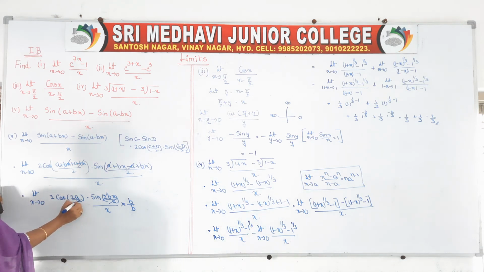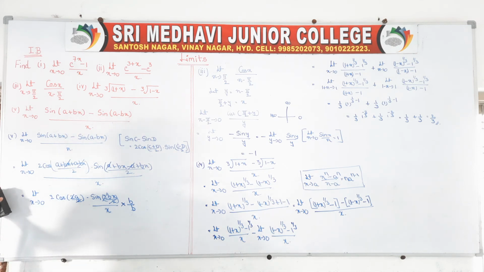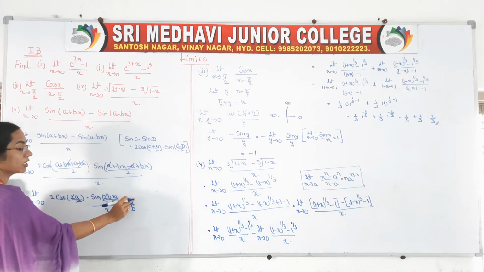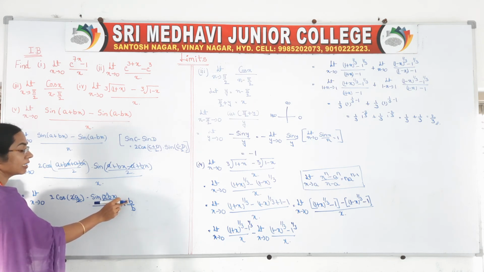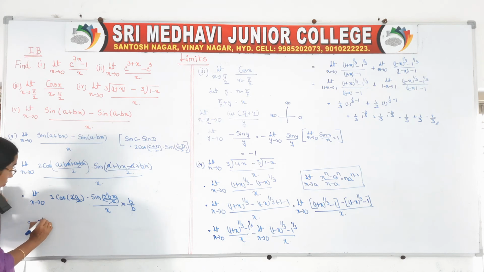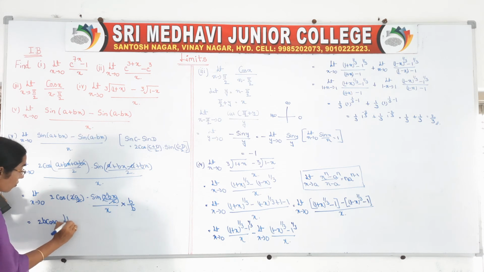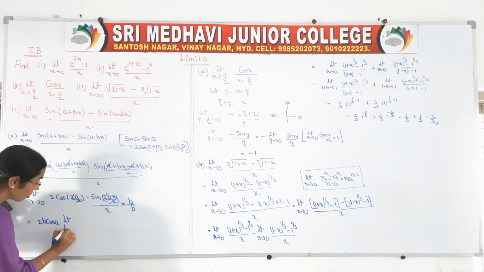Okay, so here 2 cancel, and 2 cos a, cos x is variable, cos a means it is constant, you can write outside. And even we don't want this b, right, we want this b along with this x, so you can write this b also outside, right. So it is 2b cos a. Now you apply your limit. If x tends to 0, bx also tends to 0.